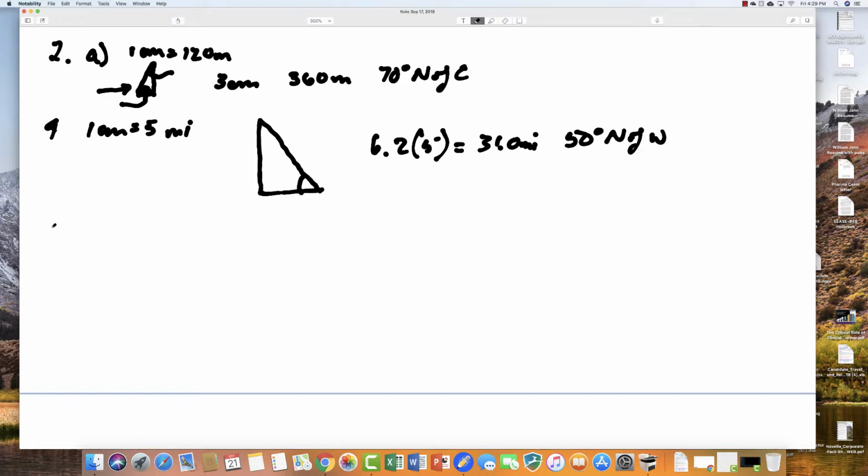Number 5 is, again, very similarly done. You start out with a scale. 1 centimeter is equal to 4 meters. You draw your first line, and you end up drawing a triangle that looks something like this. And you're going to measure this length right here.